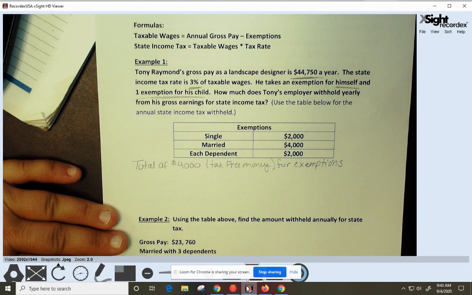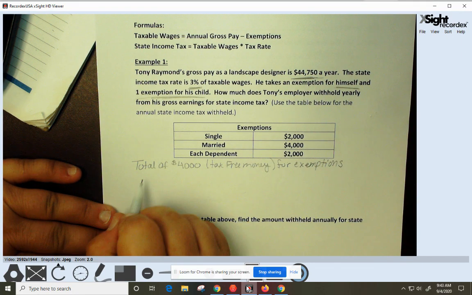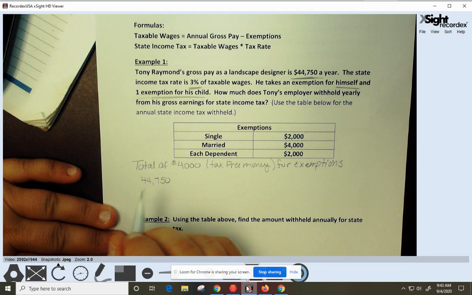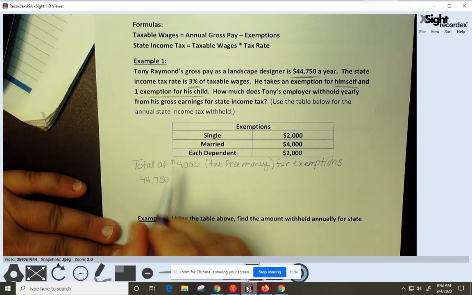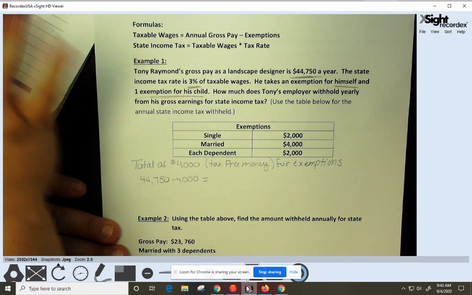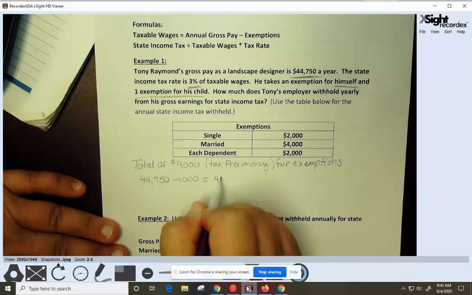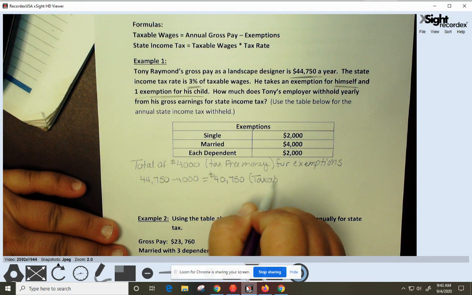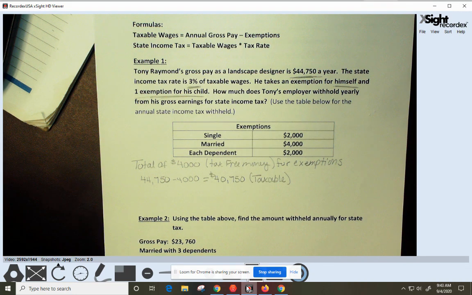Okay. Now, what we want to do is take what he's making, $44,750, and take away this $4,000. So we're going to have $40,750 that is taxable. Okay.